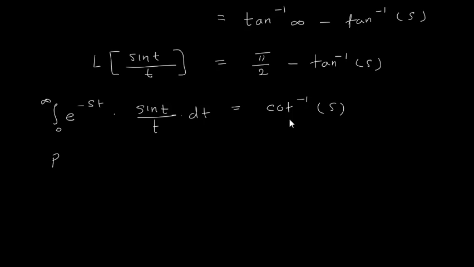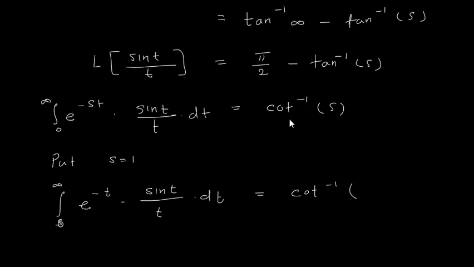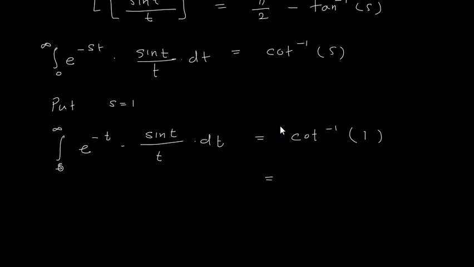When I put s equal to 1, I get integral 0 to infinity e power minus t into sin t upon t into dt, and here I will get cot inverse, in place of s I will put 1. So cot inverse 1 is pi upon 4, as cot pi upon 4 is 1. So this is my required answer. Simple question.